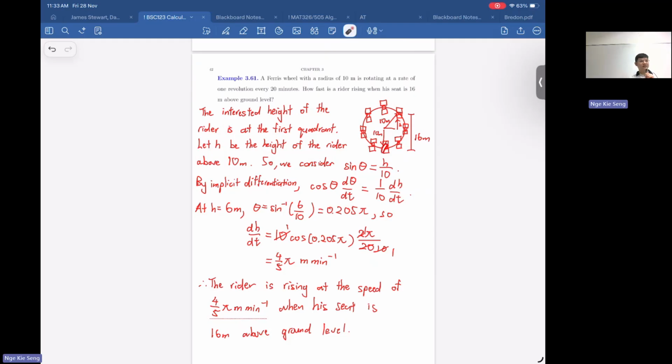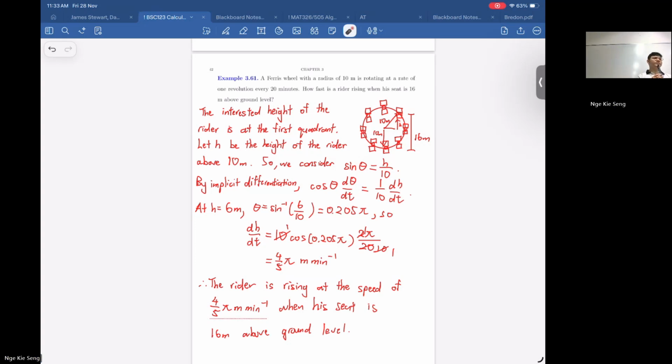The ground level is negative 10. If you want 16 meters from the ground level, it's just 6 meters in h. This h will be 6.